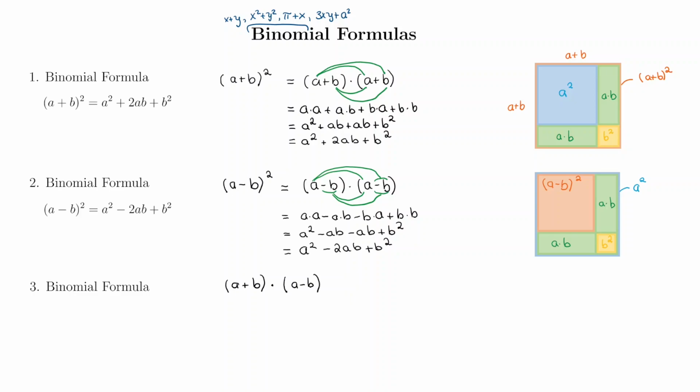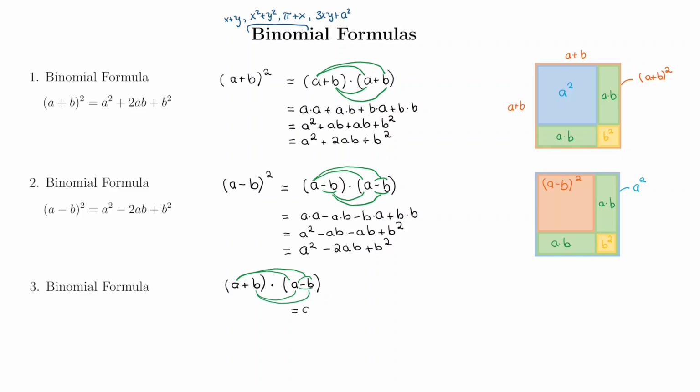From here we can continue normally. We just multiply everybody with everybody. So A with A, with minus B, take care of the signs, then B with A and B with minus B. And then what do we get?